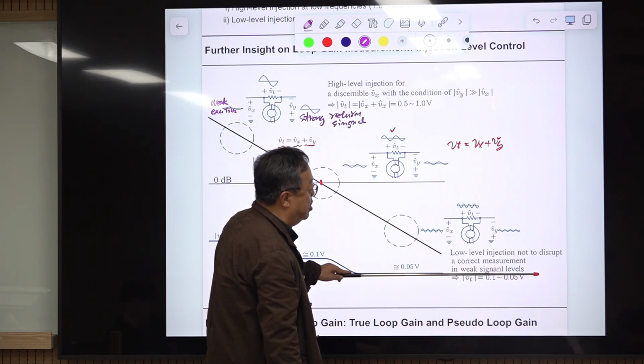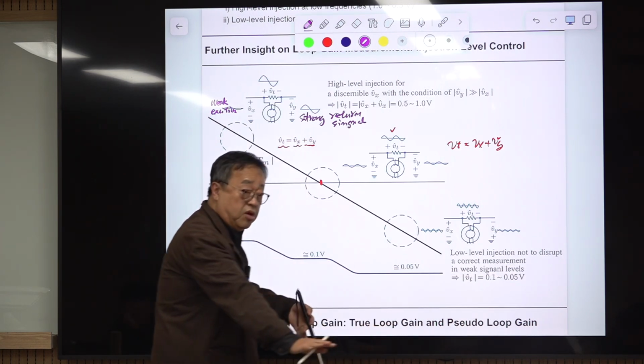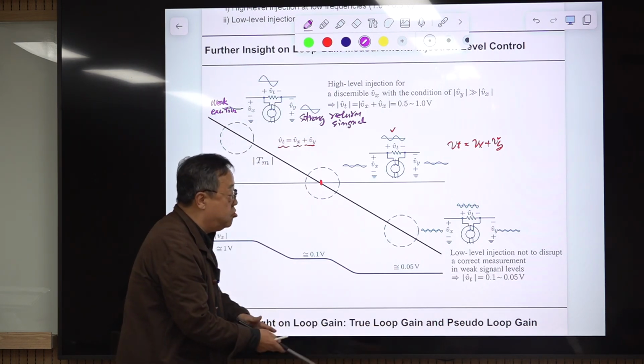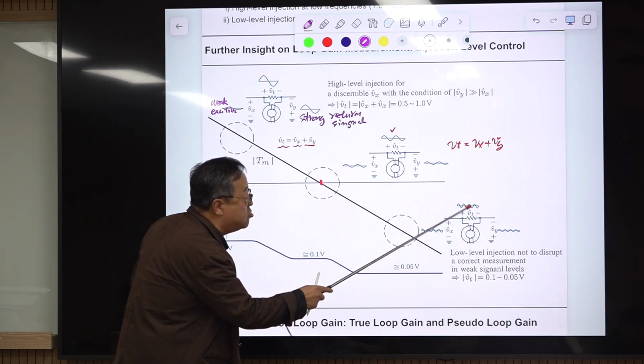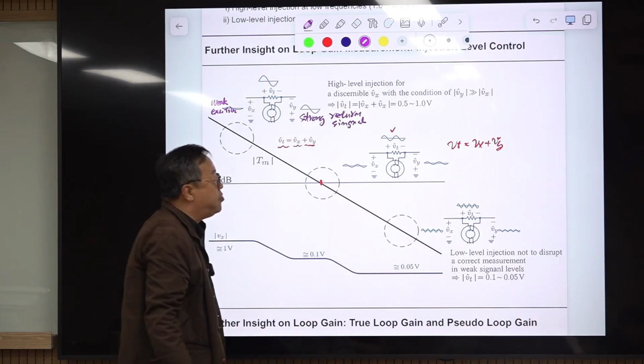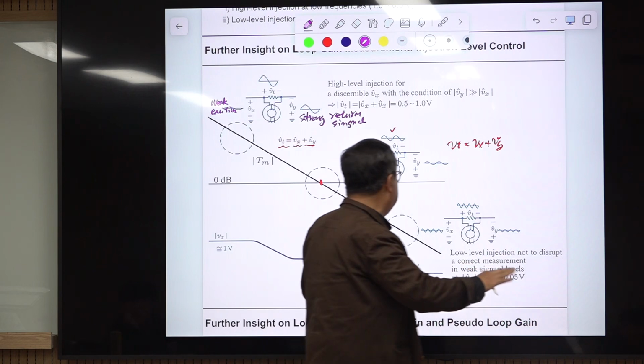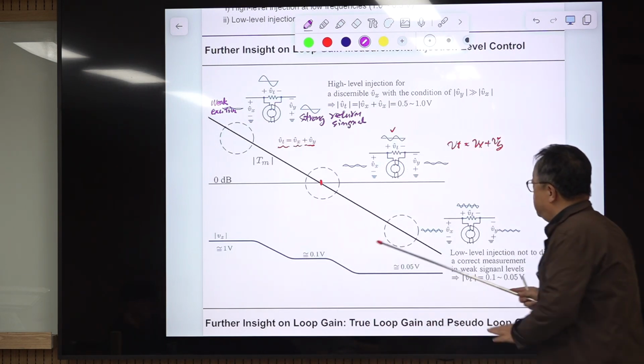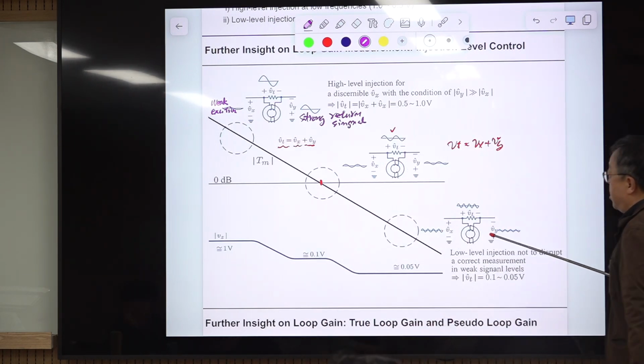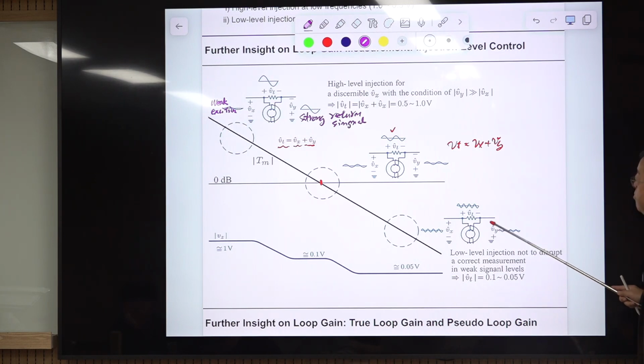So the signal level is small everywhere at high frequencies, and you cannot put a large magnitude here. But this is also shared. So this Vx is large and the return signal is very small. That means this is very susceptible to noise. So at high frequencies, there are inherent limitations from noise because of this operational principle and measurement principle.